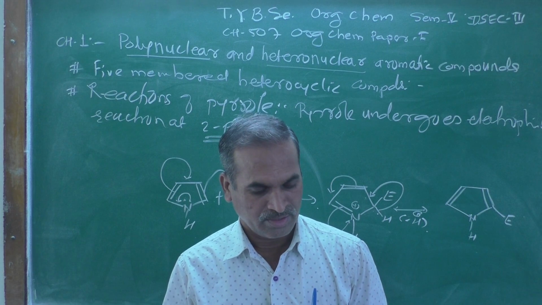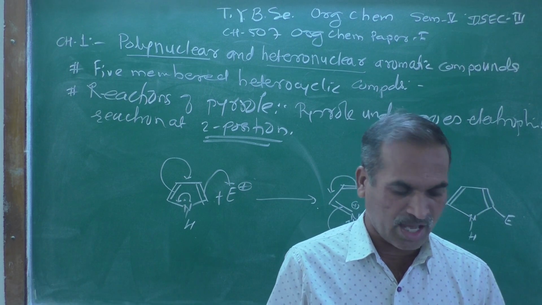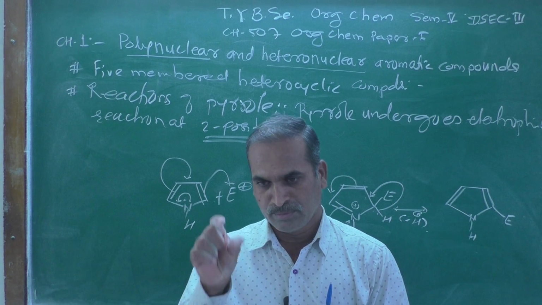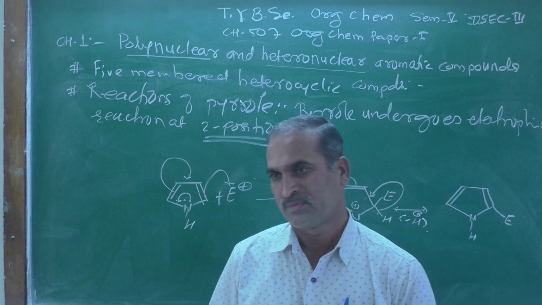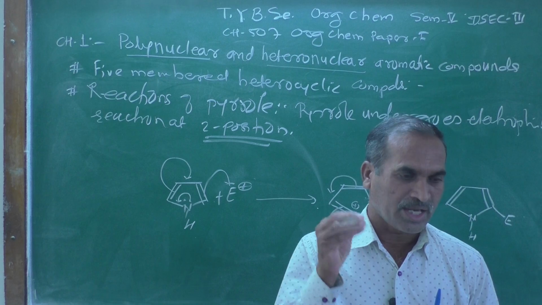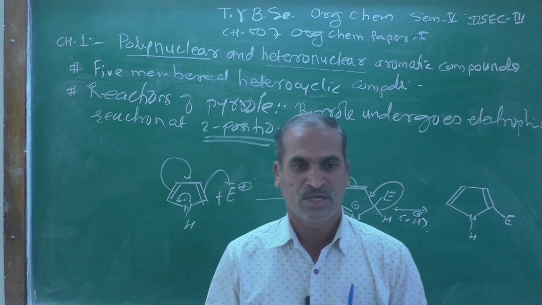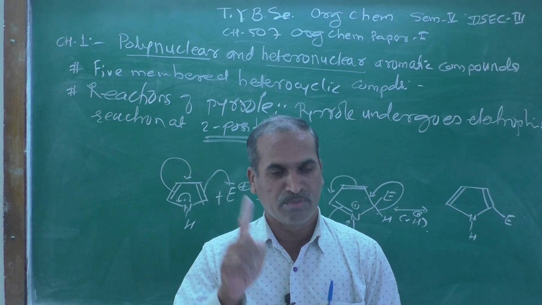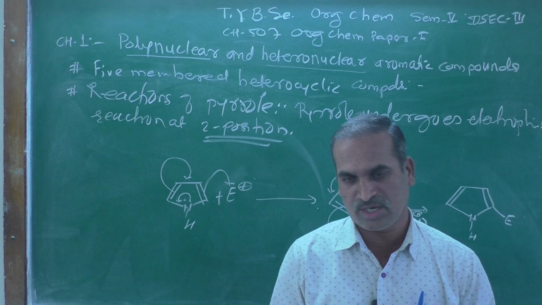Essentially, the common reactions shown by these 5-membered rings are, in the previous compound which we have considered, furan, the common reactions given by furan: sulfonation, Friedel-Crafts acylation, diazo coupling reaction, Reimer-Tiemann reaction, and the hydrogenation reaction.